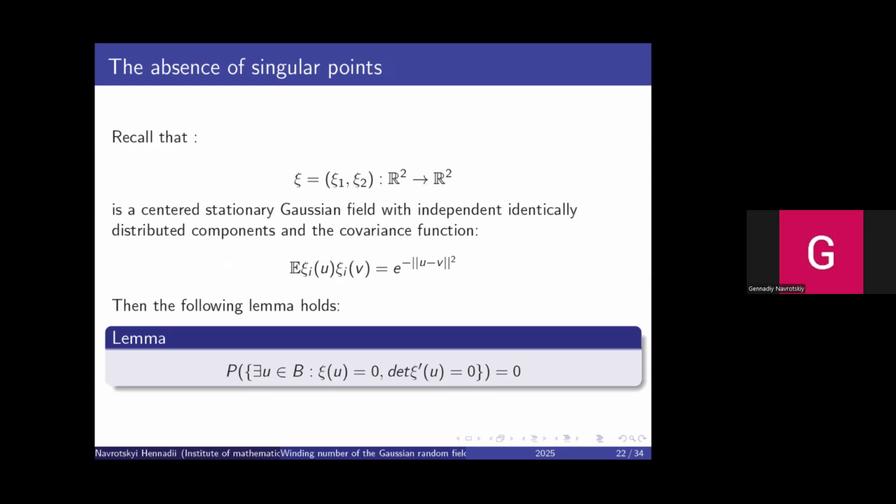So here we only take two coordinates, xi1, xi2, and try to use our index theorem for them on the boundary of some compact B. But first we need to prove that there are no points with a degenerate derivatives matrix, so no points where xi is equal to 0 and the determinant of xi prime is also equal to 0.